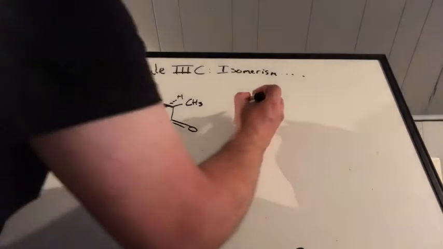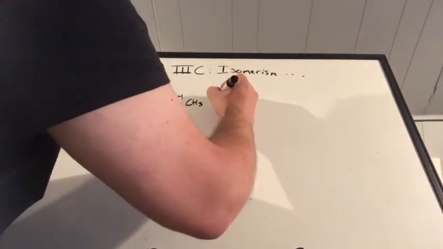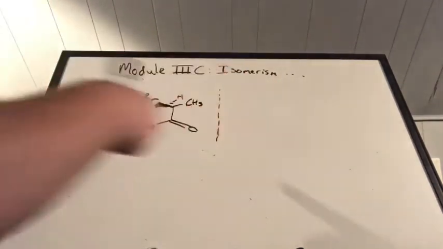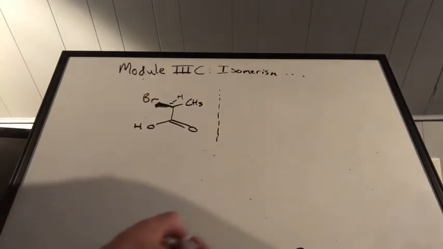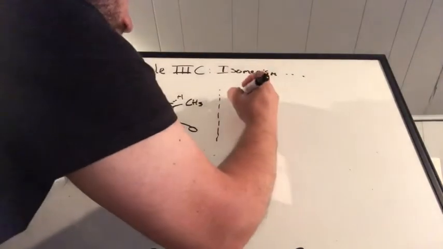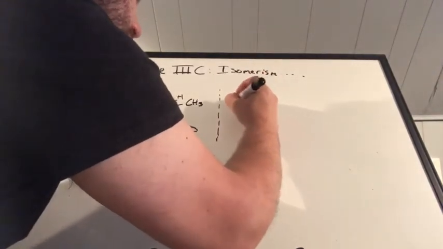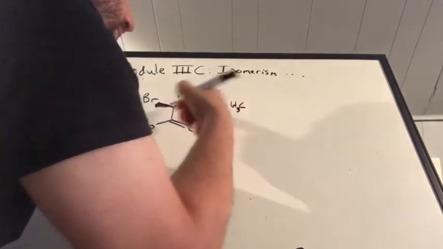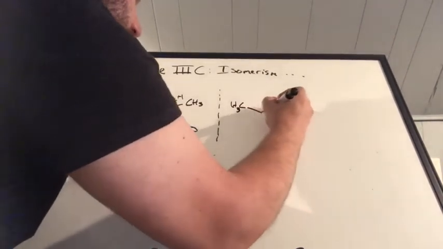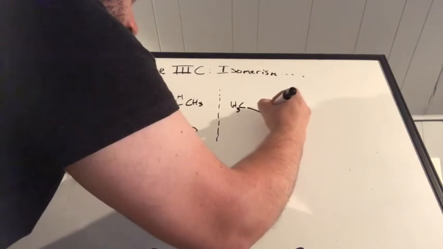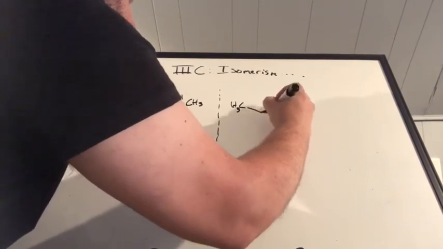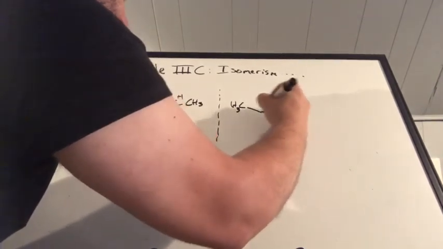Okay, so if we have a mirror image, let's just do a vertical dotted line there. So we have a mirror image, and we put a mirror image like what we see over here on the other side. Will it be the same molecule?